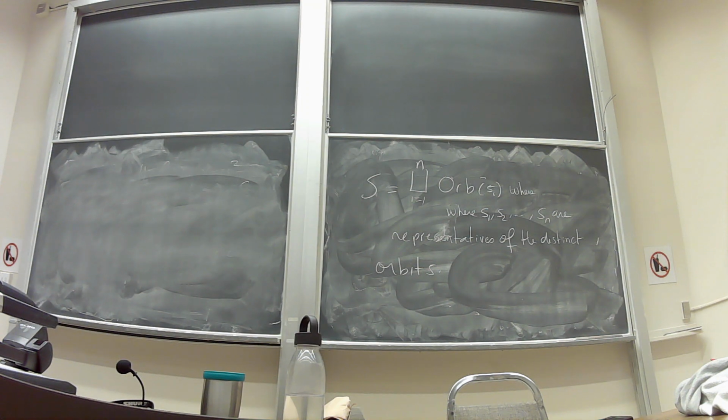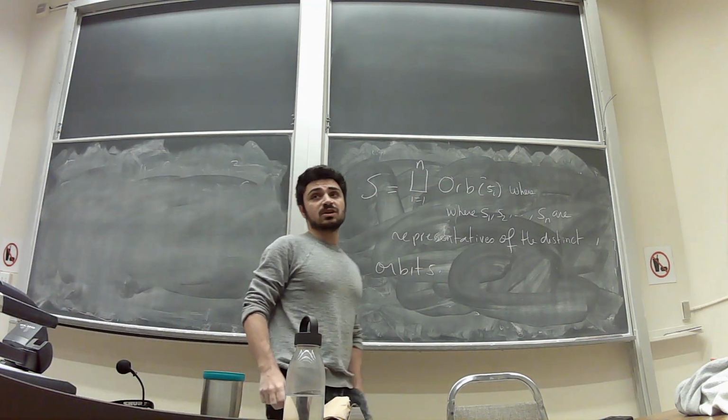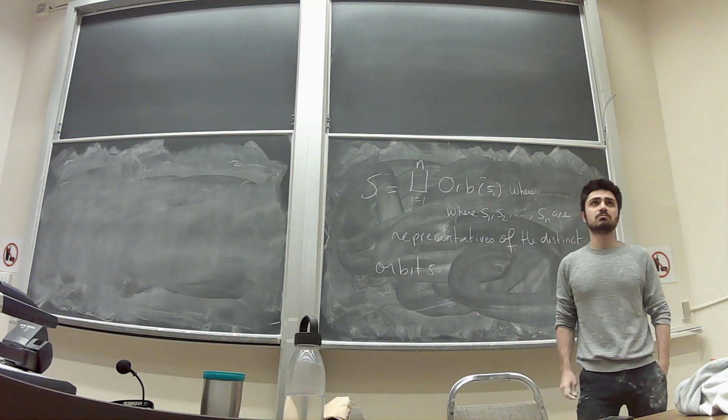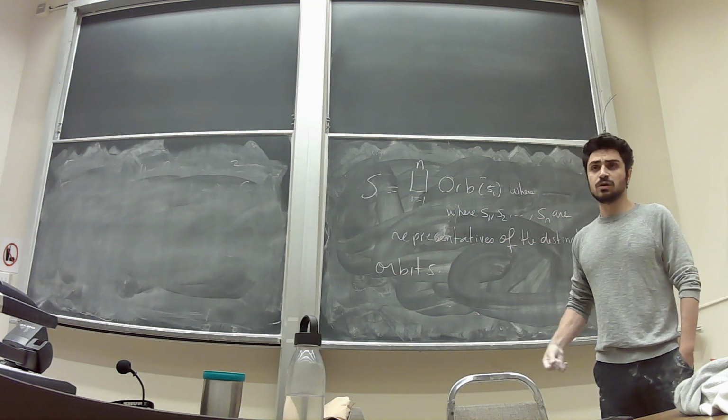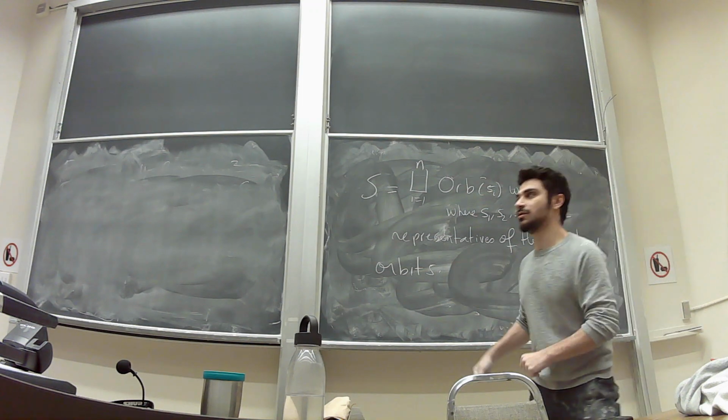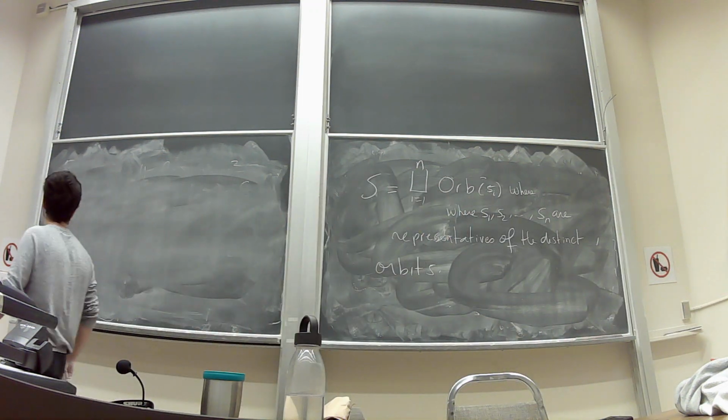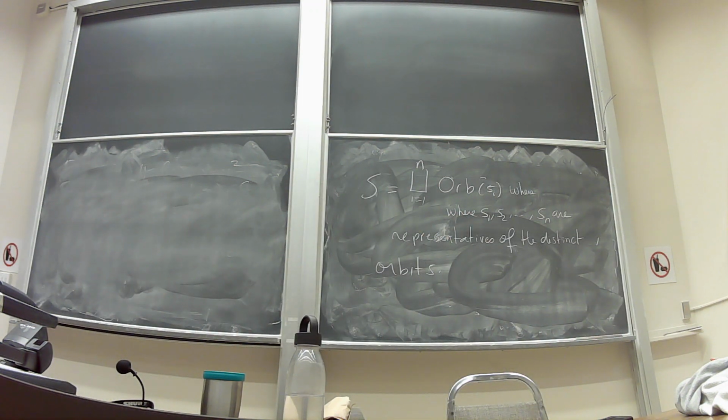What is a normal subgroup? Because it's a union of equivalence classes? So you're saying a normal subgroup is a union of equivalence classes? No, I don't think so. You could use this, but let's not talk about the homework. Great. So S is a disjoint union of the orbits.